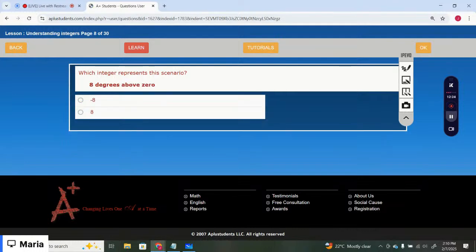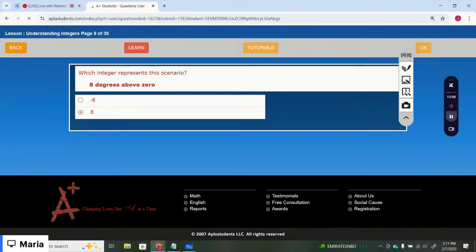Which integer represents the scenario 8 degrees above 0? That would be an increase, that is positive 8. Okay, you can complete the lesson by yourself later today.